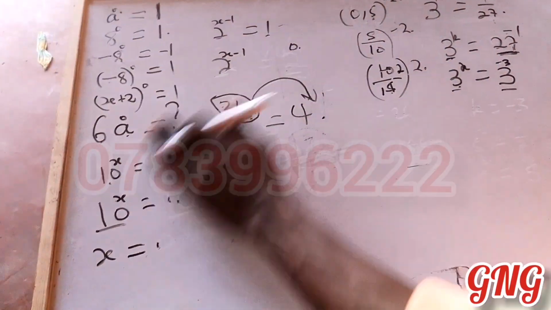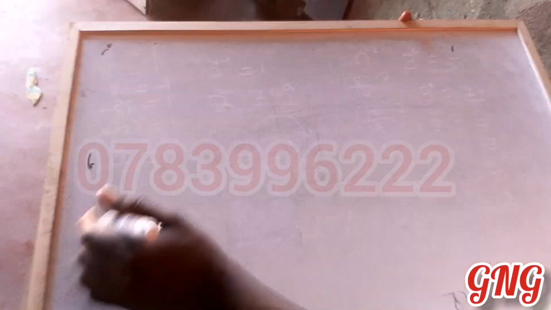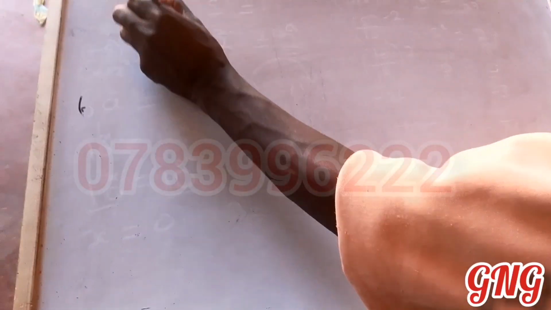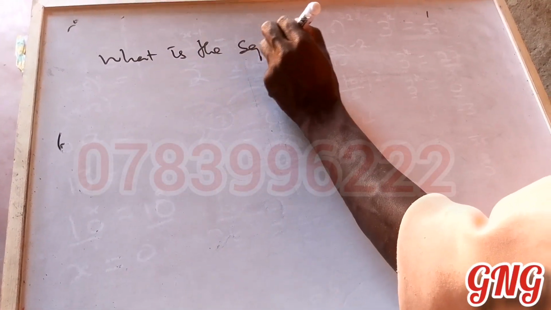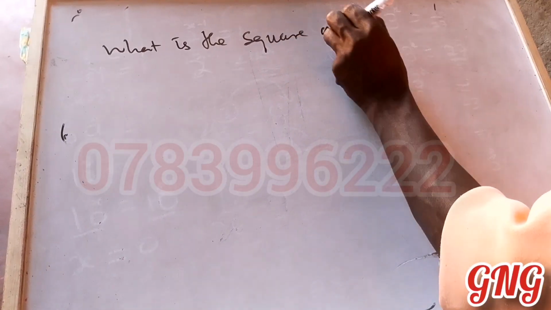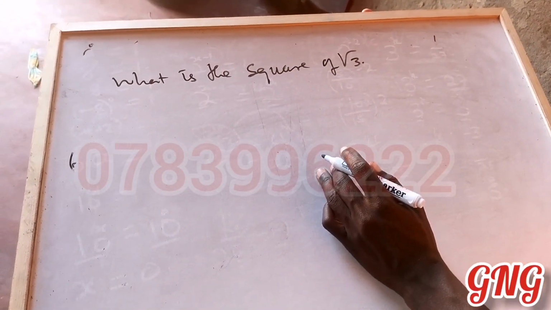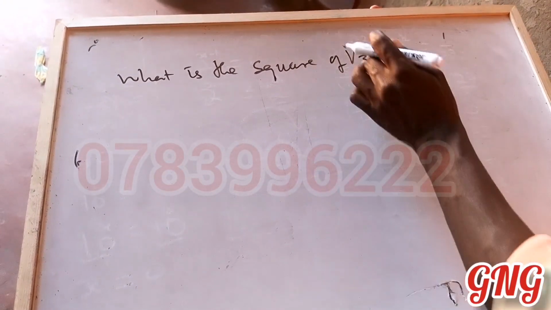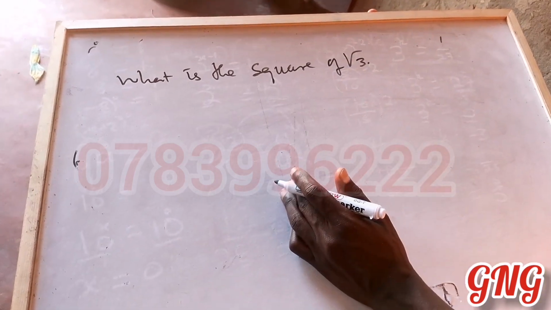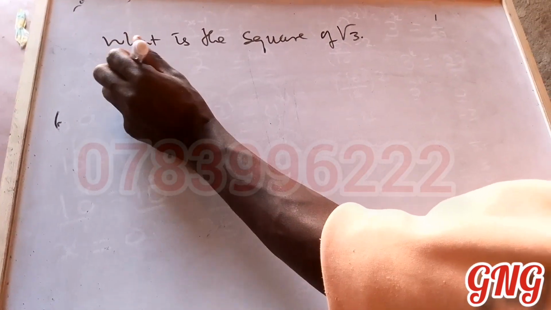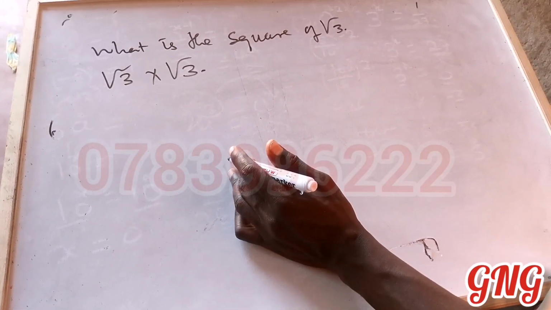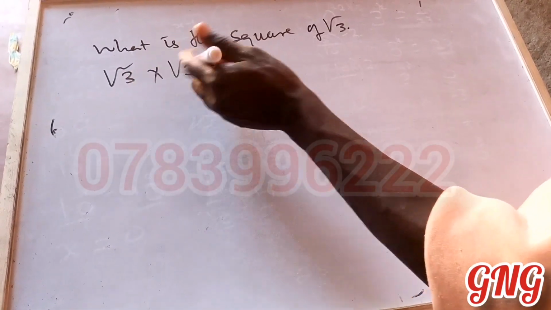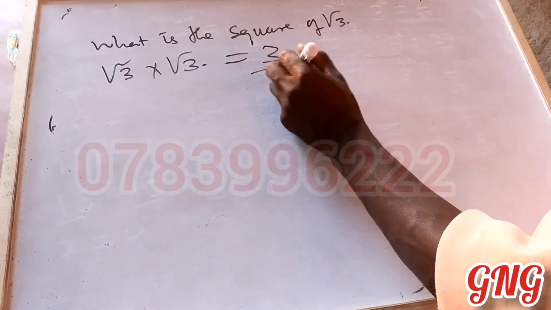Then while we are solving indices, there are some things that we may also be asked. What is the square of root 3? Remember the way the square means, just say root 3 times root 3. So it's very simple. We get root 9, and what is the value of root 9? It's 3.